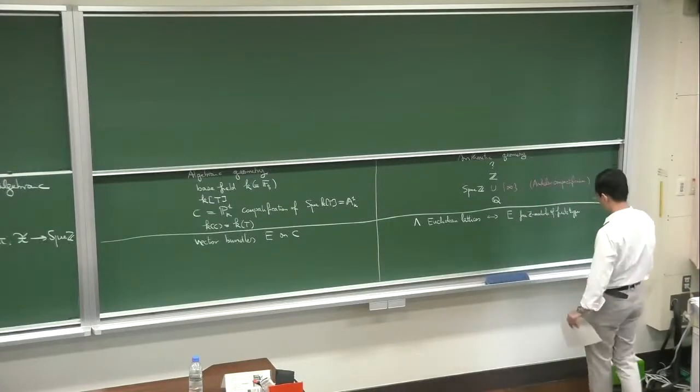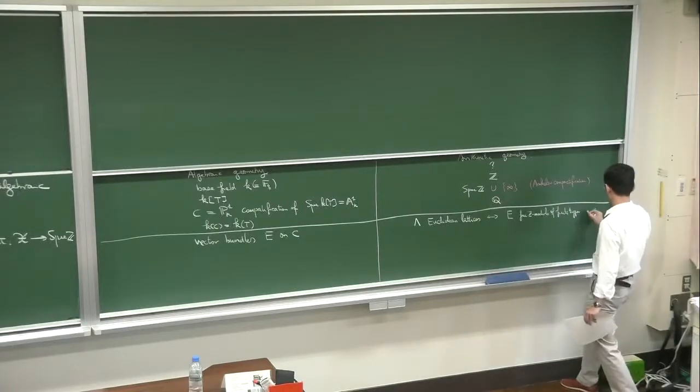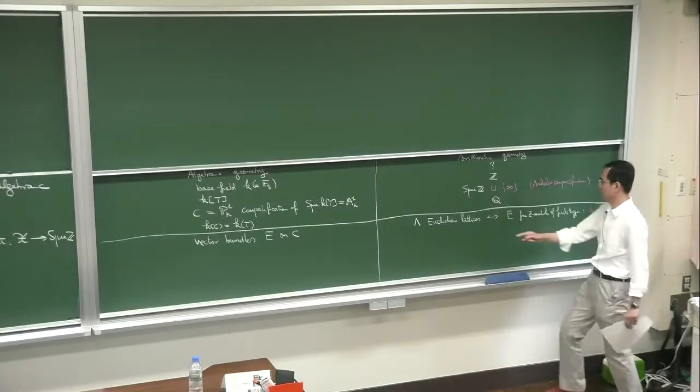In some sense, these are vector bundles over Spec Z. And then you need to put some norm on E_R.